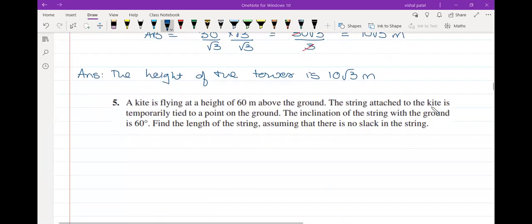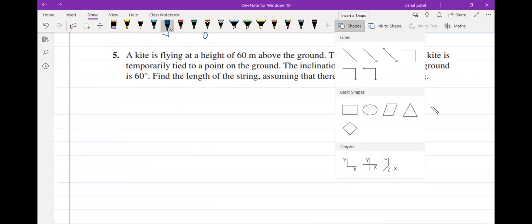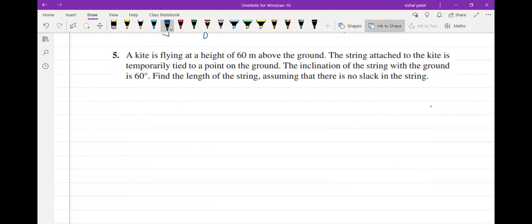See the next one, students. The kite is flying at a height of 60 meters above the ground. And it is always a right angle triangle, students.